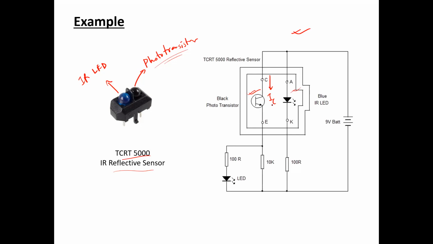That same current will flow through this 10K resistor, and from this 10K resistor an output can be taken, which can be connected to the microcontroller in order to further process the data. In parallel with this 10K resistor, a separate branch could be there where an indicator LED will be present. A portion of the current will flow through this indicator LED, which will indicate that a nearby object is detected.